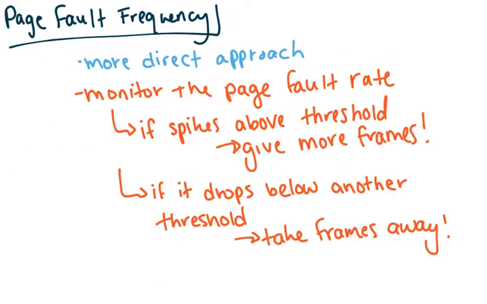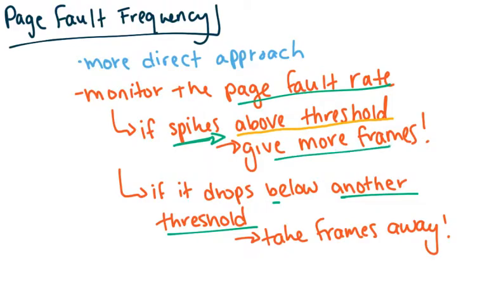A more direct approach is paying attention to the page fault frequency. So what you do here is you set 2 thresholds. You set an upper threshold, and you set a lower threshold. So if the page fault rate spikes and goes above a certain threshold, that means that there's a lot of page faults, which means that this process is doing a lot of paging and potentially thrashing.